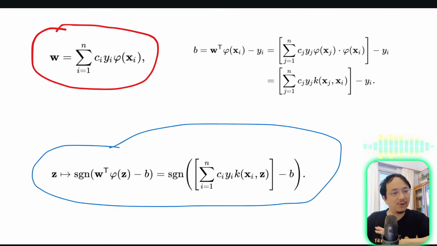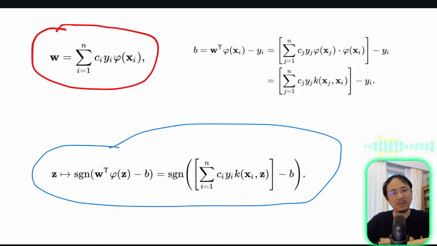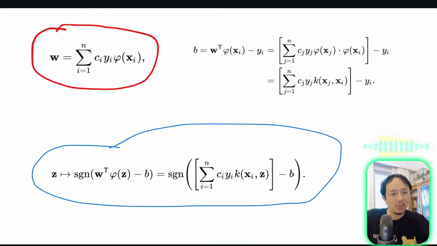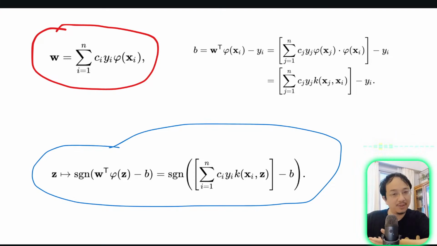So that is totally different from your experience with neural networks. When you're training a neural network, no matter how large your data set is, the prediction time is the same as long as you have the same size of network.